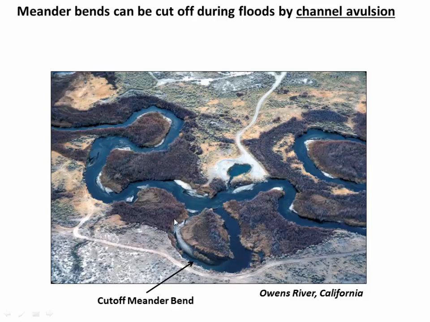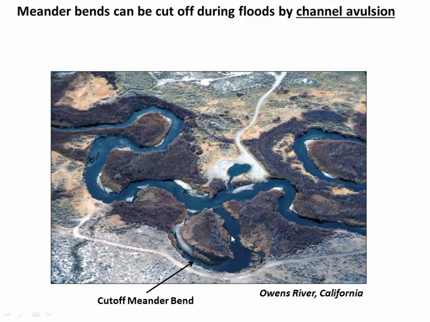Then, probably during a flood event, floodwaters came roaring through and decided it was far more direct to go over the floodplain and bypass that cut-off meander bend. And now once the floodwaters start roaring across here, they're quickly able to erode a new, more direct channel. And then when the floodwaters recede, that direct channel remains as the main channel of the river. And the meander bend has literally been cut off.